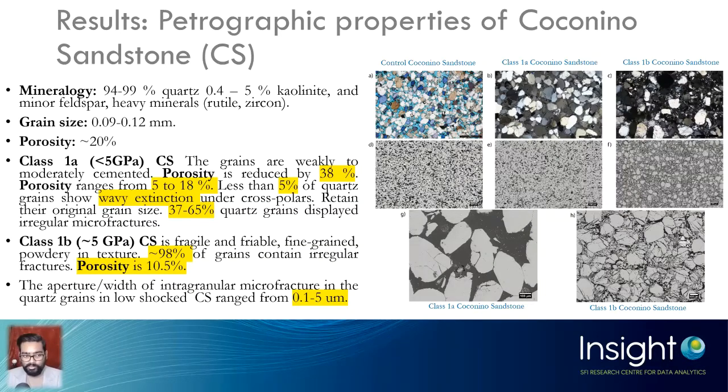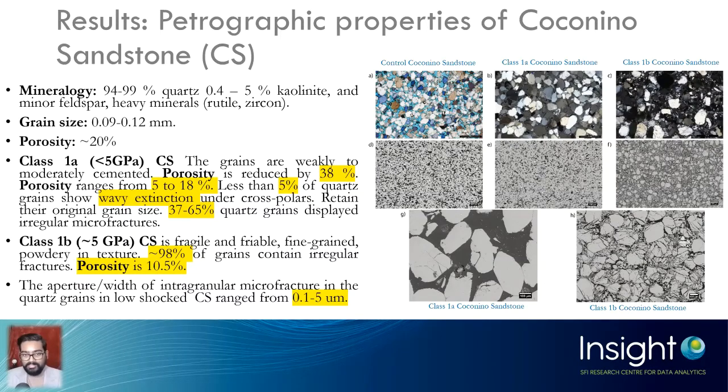Some of the grains also show irregular microfracturing. When we go to the next class, class 1B, 98% of the grains contain irregular fractures and porosity is 10.5%, which is reduced by almost half. The aperture and width of microfractures in quartz grains range from 0.1 to 5 micron.